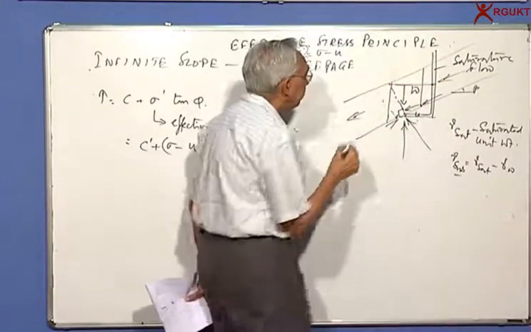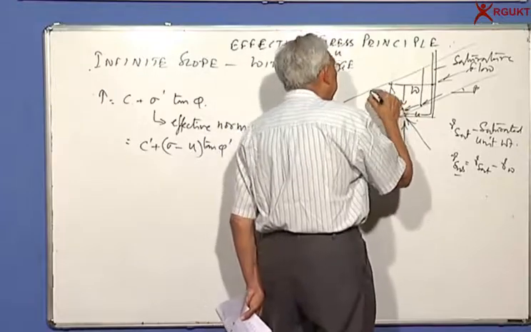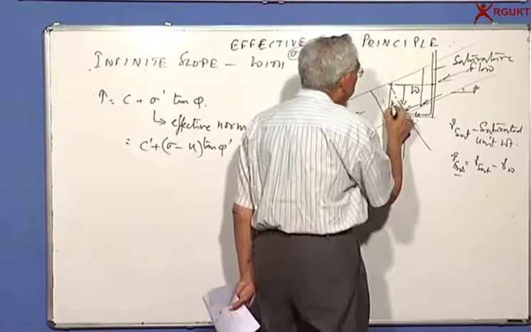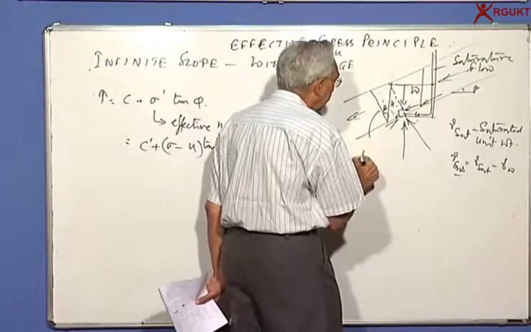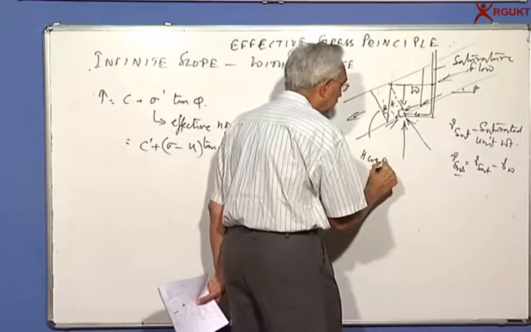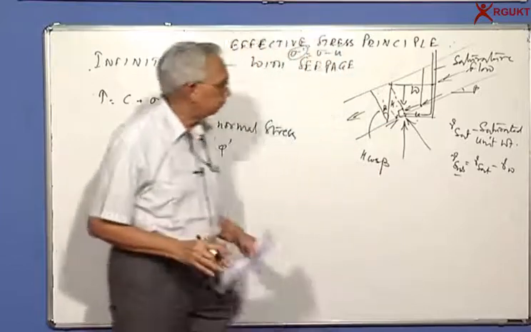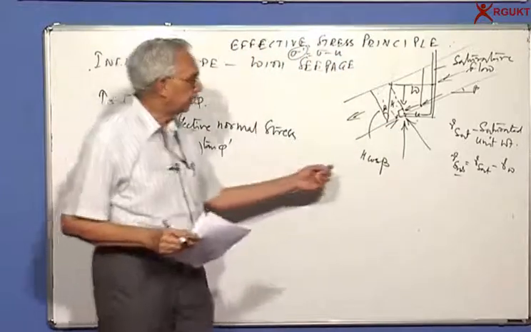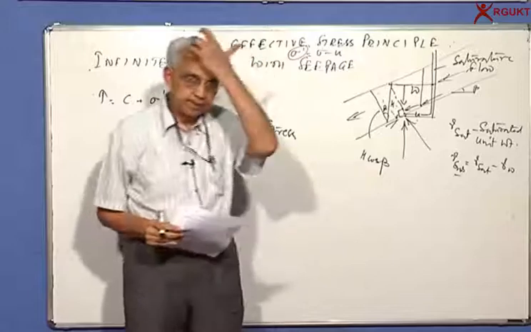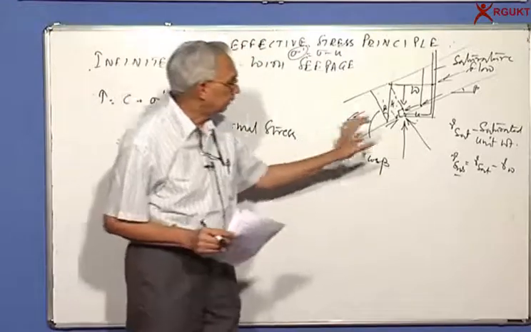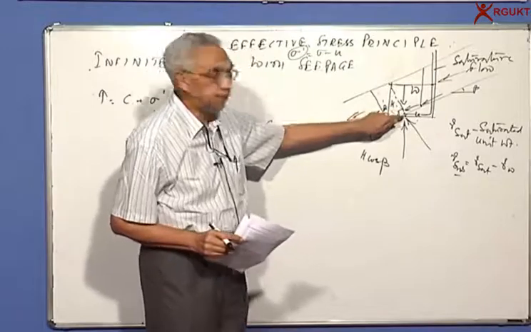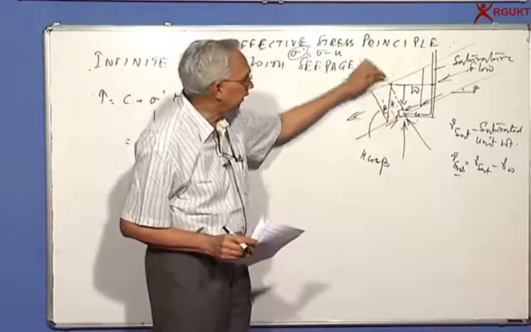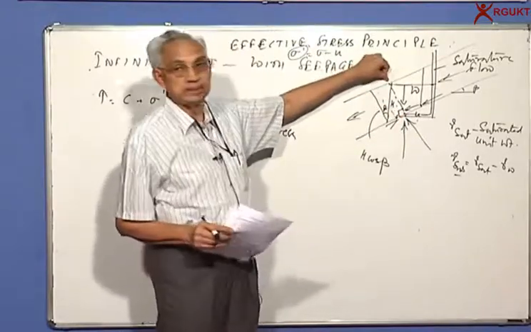So what is the normal distance here? If I can do that, this is h, this is beta. So this will be equal to h cos beta. So please remember, the pore pressure is equal to h cos beta. Because what is the equipotential line? It has to be perpendicular to the flow line, and if I draw that, it will go up to the top of the slope.